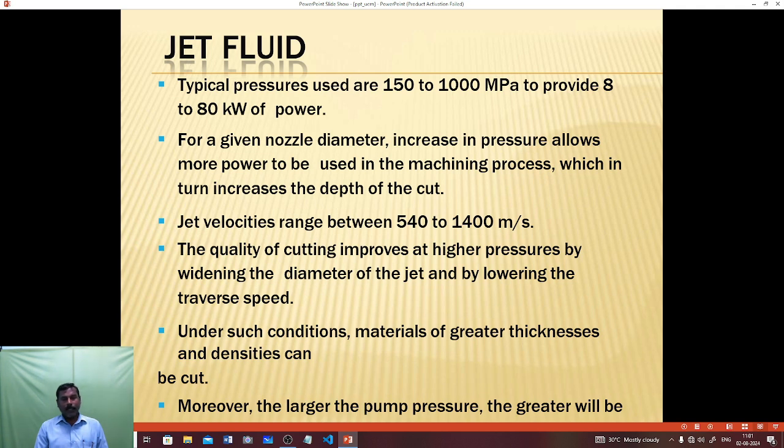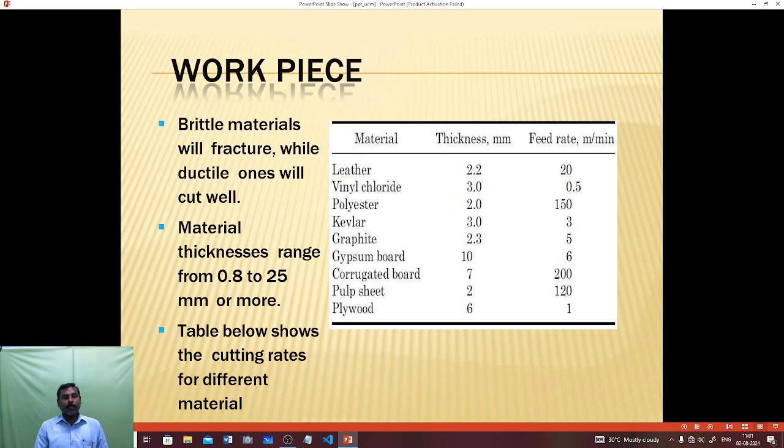Under such conditions, materials of greater thickness and densities can be cut. The workpiece, if brittle, will fracture, while ductile ones will cut well. Material thickness ranges from 0.8 to 25 mm or more.